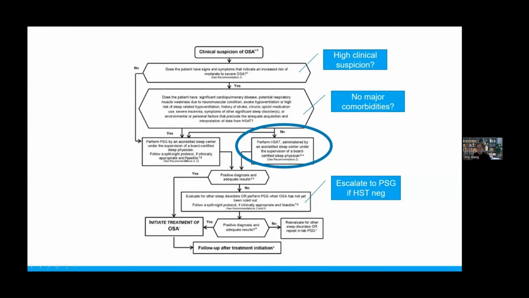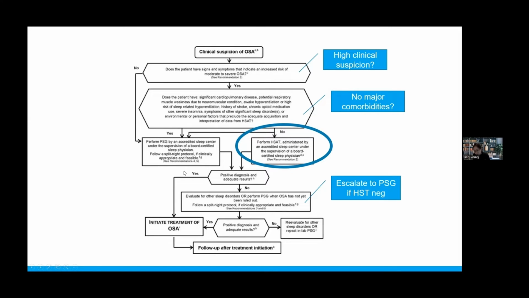And so your decision point is, are we sending this patient to a sleep lab for overnight testing, or can we proceed with home sleep testing? And then once the results of that test come back, if the home sleep testing is negative, and you still have this high clinical suspicion, because again, the patient was symptomatic and had all these other reasons for you to be thinking about sleep apnea, then that patient should really go on to have a PSG for further evaluation.